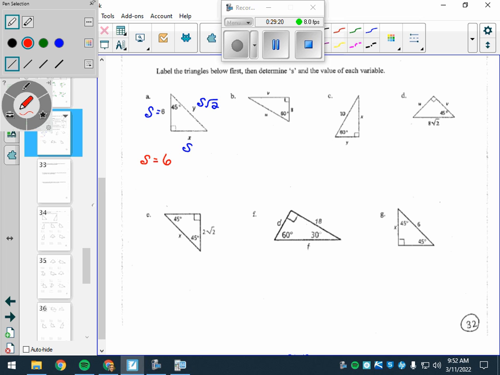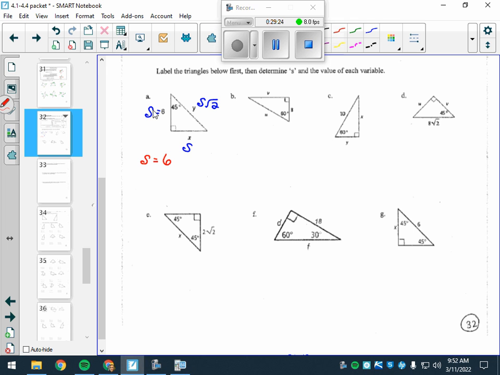Well, the second step is to solve for S. With this one, that's awfully easy. We already know S is 6. Once you know what S is, you can plug it in to find the other sides. So X, this side, is just equal to S, and so that equals 6.